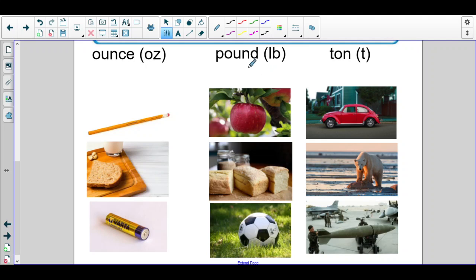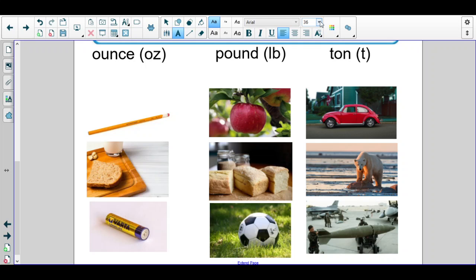All right, but if we want to measure things that are very, very light, we use what's called the ounce. So one pencil weighs about 1 ounce. One slice of bread weighs about 1 ounce, and one AA battery weighs 1 ounce.